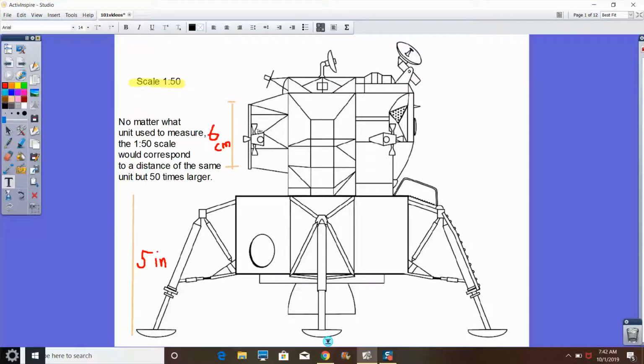Now we're going to see some drawings, and we're going to sometimes not necessarily see a unit attached to the scale, but that's so you can use whatever measurement unit you're already utilizing. It also allows you to go between distances and understand that while some scales may have units attached to one or the other, sometimes they're unitless scales, which allow you to assign what units you want to use.